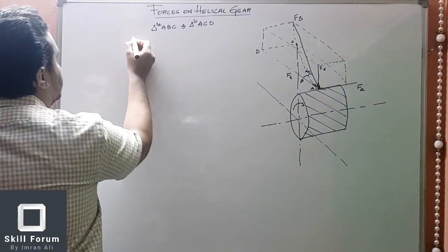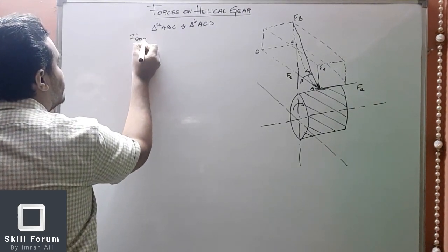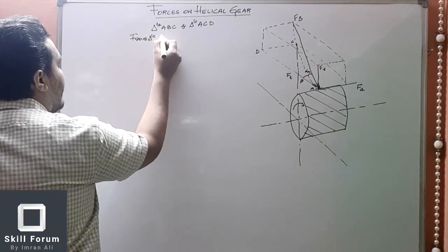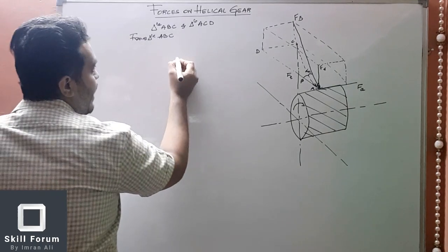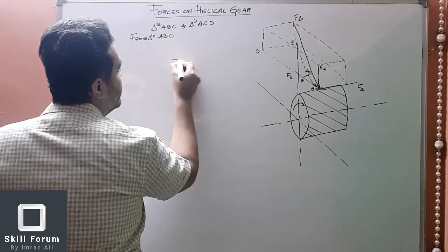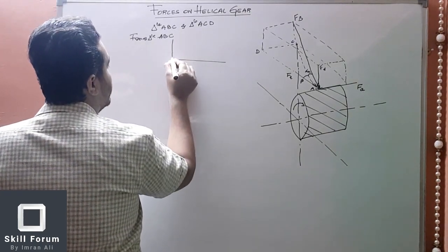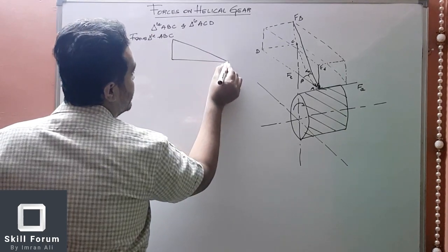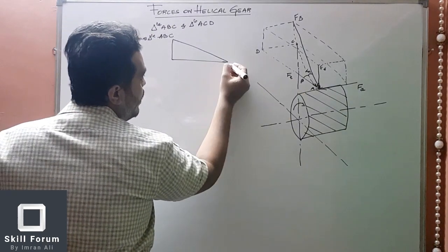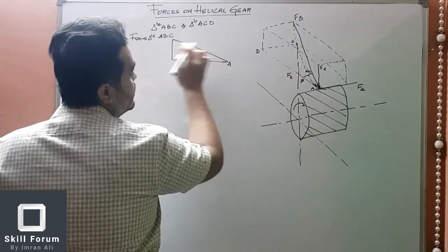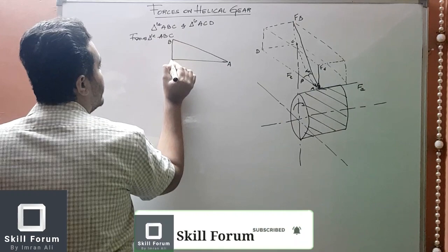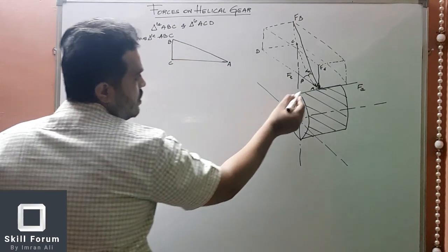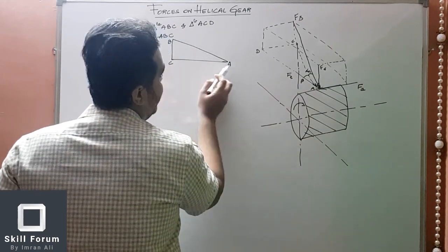First I am going to consider triangle ABC. I will draw the triangle as a free body diagram here, so you understand how I am considering the forces. This is point A, this is point B, and this is point C. Consider AC.